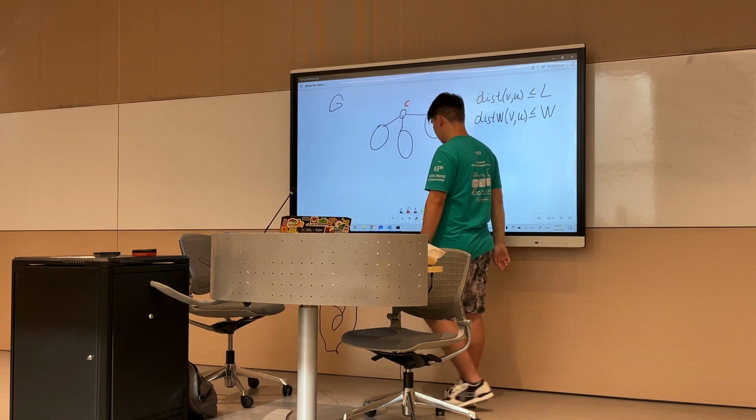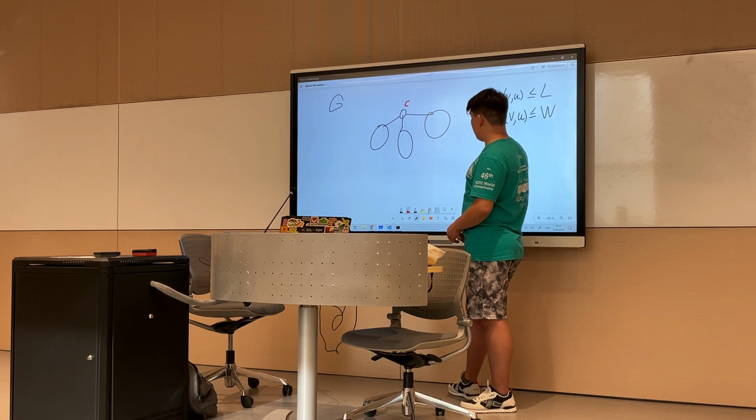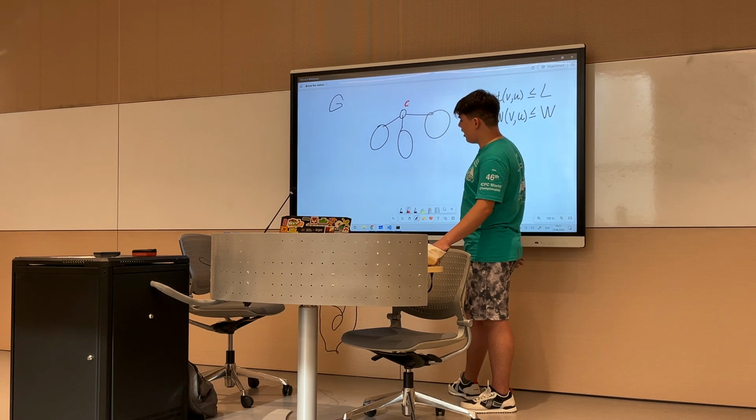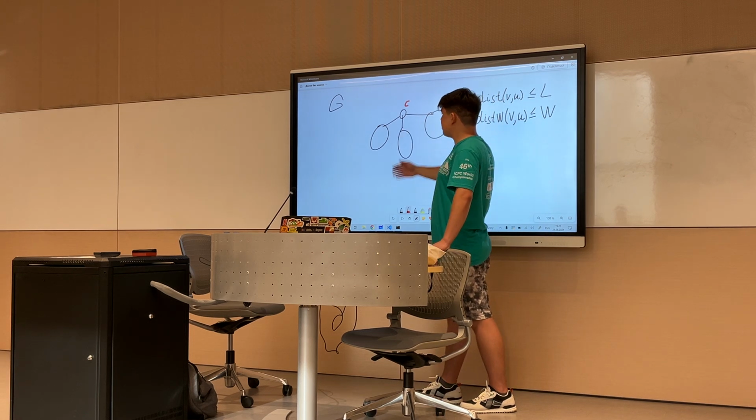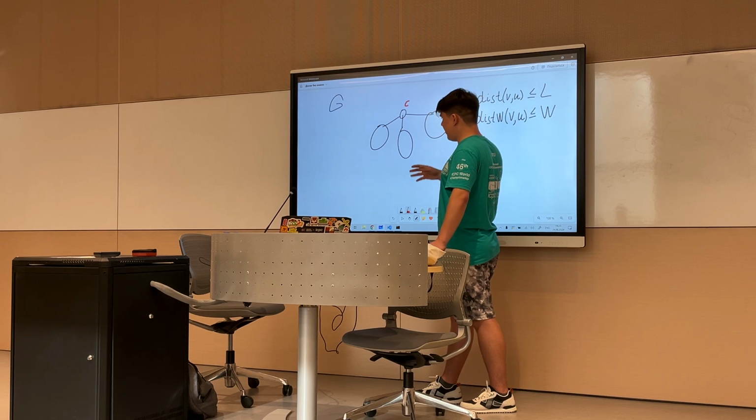For the centroid, for every vertex we have three variables.